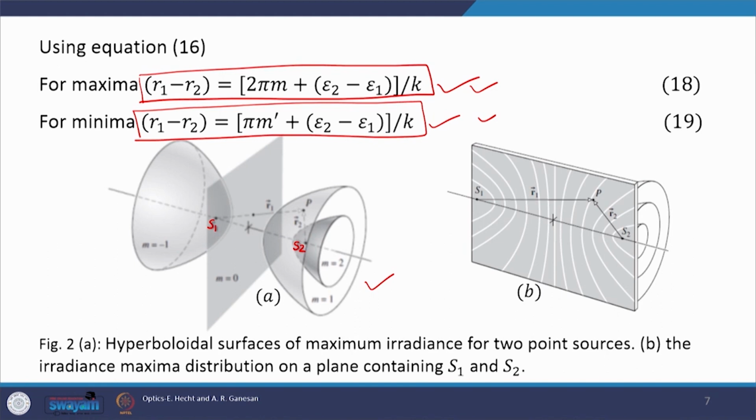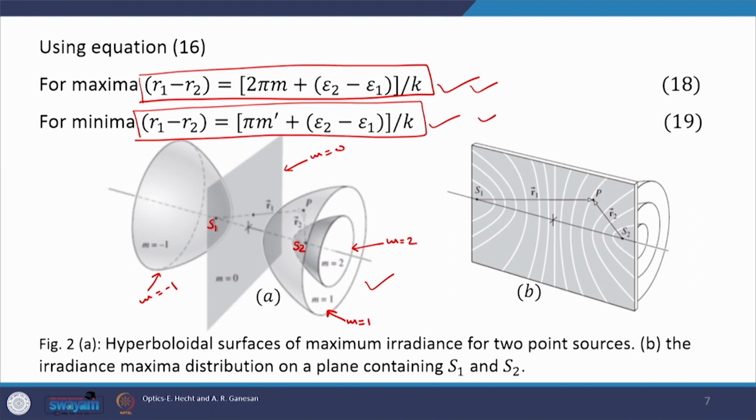Now, if you vary m, this hyperboloid of revolution is for m equal to 1, this one is for m equal to 2, this is for m equal to 0, and similarly this is for m equal to minus 1. Keep varying m and you will get different hyperboloids of revolution, but with common foci.